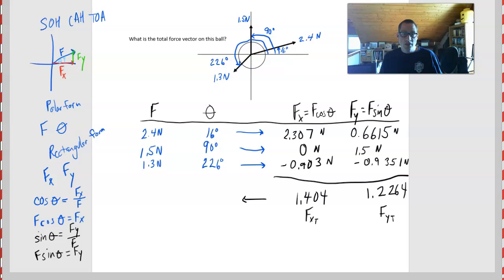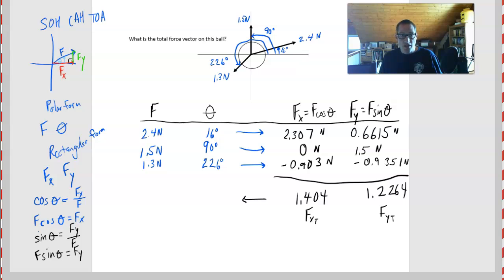If we go back to this little diagram here, hopefully you can see it. We know f of x and f of y, but we're trying to find the force, this F here, and this is a right angle triangle. The question is, how do you solve for F?